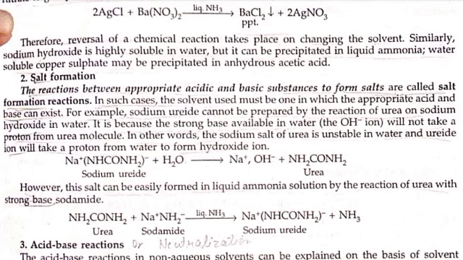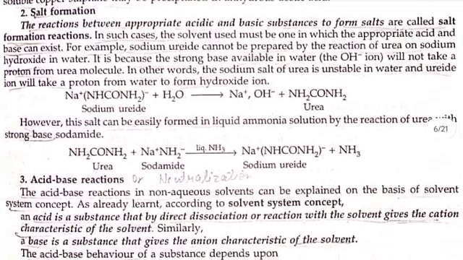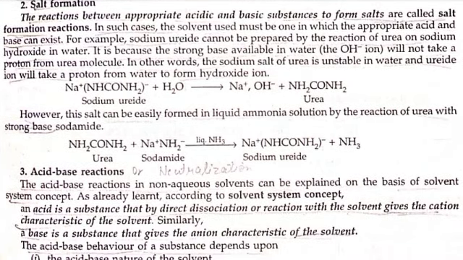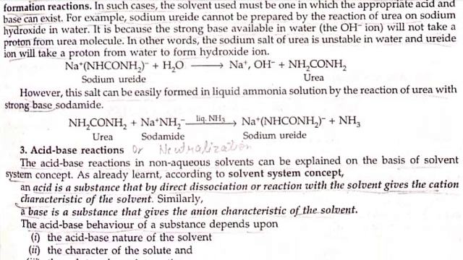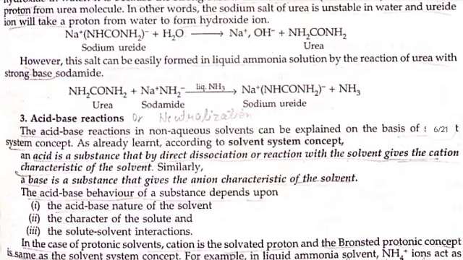It is because the strong base available in water will not take a proton from the urea molecule. In other words, the sodium salt of urea is unstable in water and the ureide ion will take a proton from water to form hydroxide ion. However, this salt can be easily formed in liquid ammonia solution by the reaction of urea with the strong base sodamide to give sodium ureide plus ammonia.